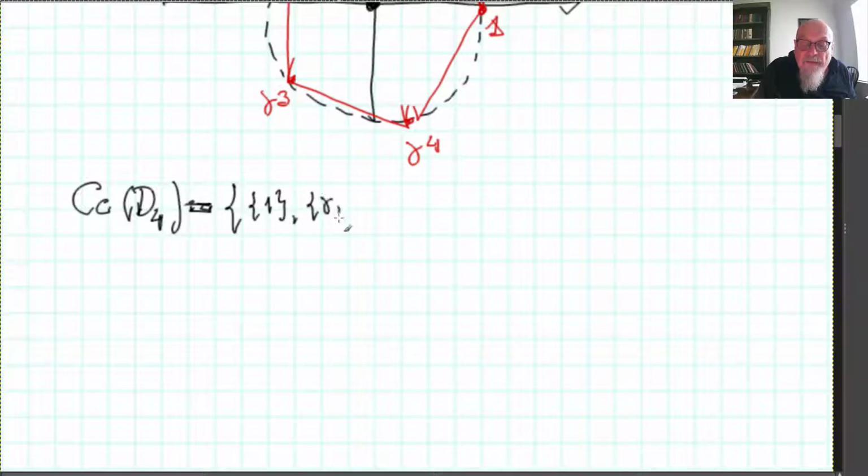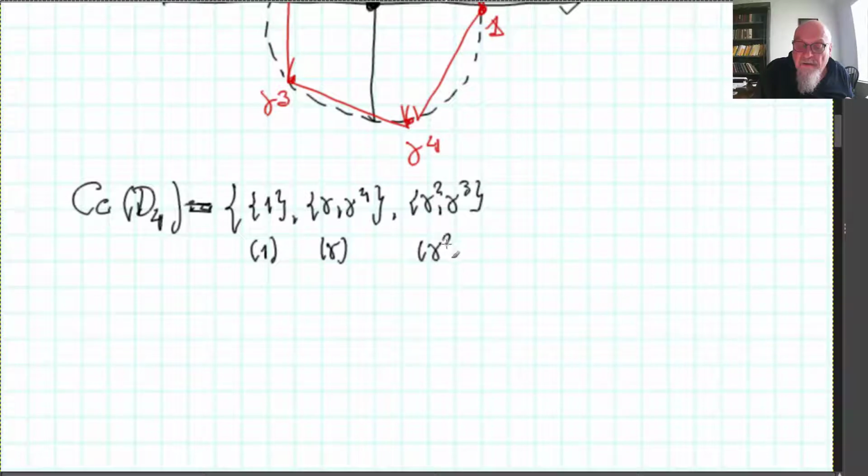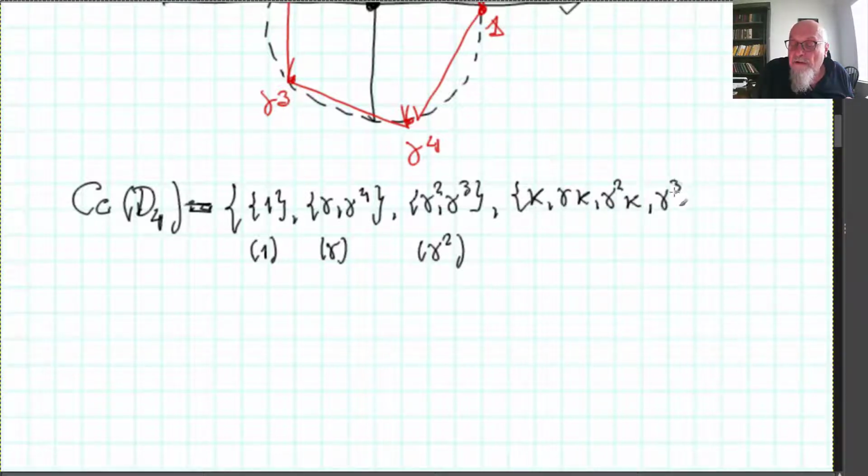Then I have a set composed of this element. That's a conjugacy class. This is conjugacy class 1. This is the conjugacy class of gamma. And then I have gamma squared and gamma 3, and this one is gamma squared. And then I have the conjugacy class of kappa: kappa, gamma kappa, gamma squared kappa, gamma cube kappa, and gamma 4 kappa.